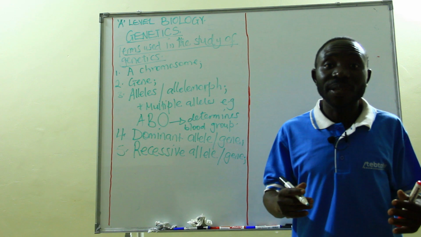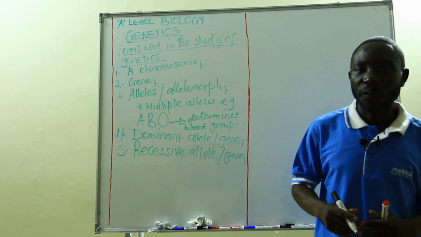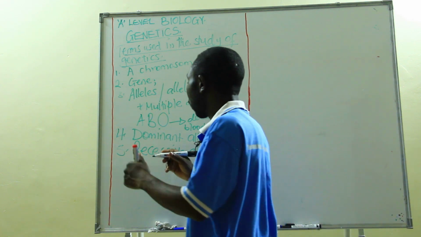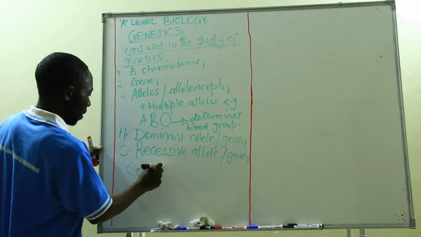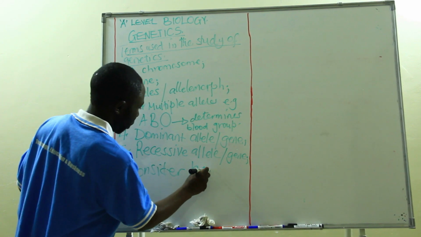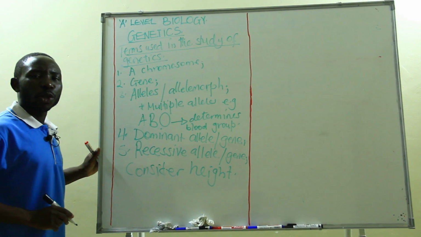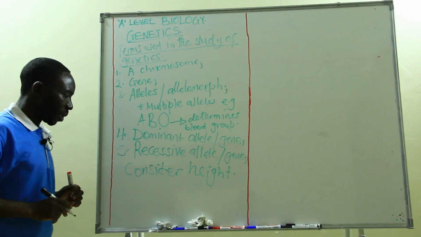Consider height as a character, height of organisms. For example, in genetics, we talk about the height of peas, which are plants. Height is controlled by two alleles, alternative forms of the same gene.